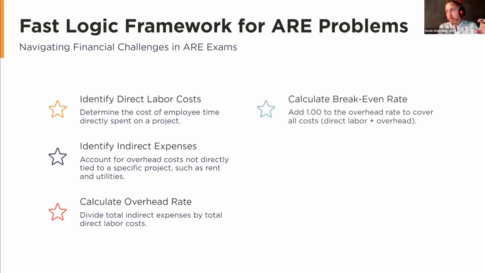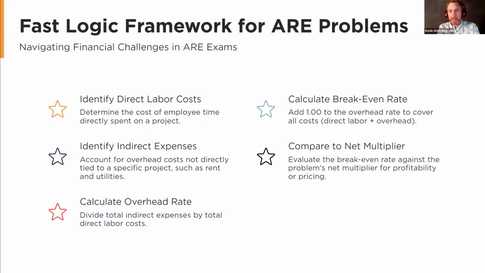And then you'll calculate that break-even rate. So the indirect expenses and direct labor costs just feed through that system of what's your overhead, what's your break-even. Now we need to think about something like profit. We're going to compare that to our net multiplier to understand whether or not we're profitable and if we're meeting the goals by the billable rates that we're choosing.